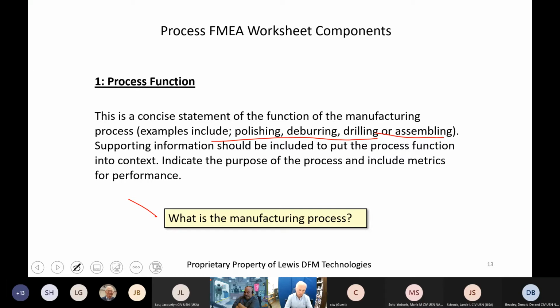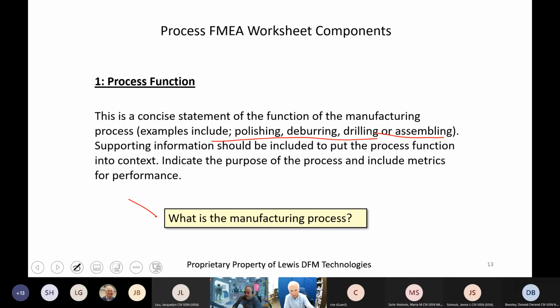Now, what do I recommend? Yes, I do recommend the inspection organization has their own FMEA because that's their area of expertise and knowledge. And if we don't do a separate inspection FMEA, it should be a combined process and inspection FMEA. So that's my opinion for what it's worth.